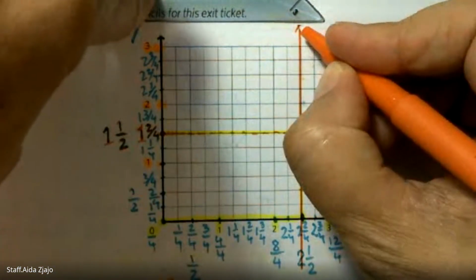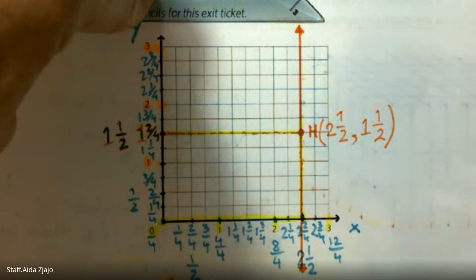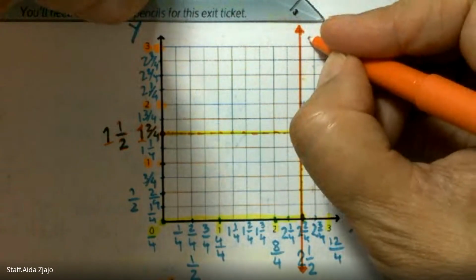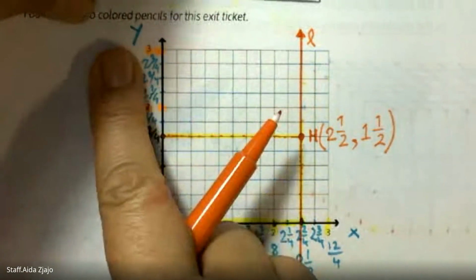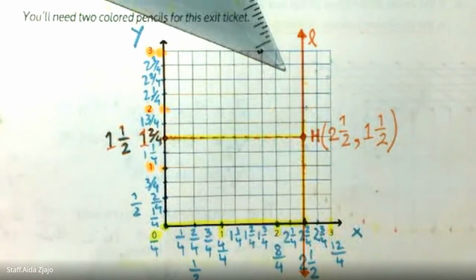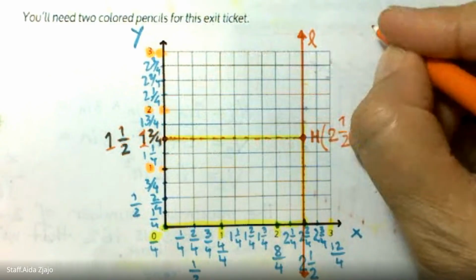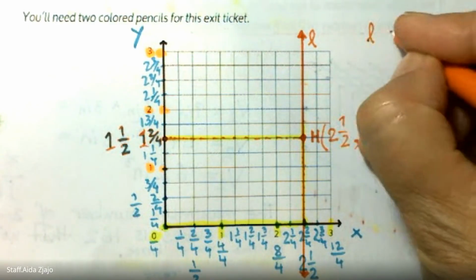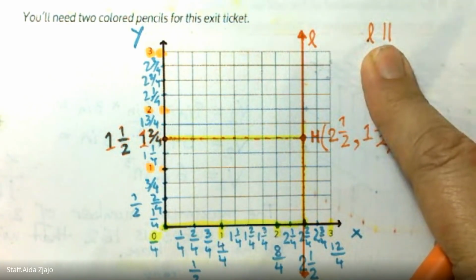So here is the line. I can extend it as far as I want, and this is little l. Now they say construct L passing through H and parallel to the y-axis. We can label this: L is parallel to y. This is the symbol for parallel.